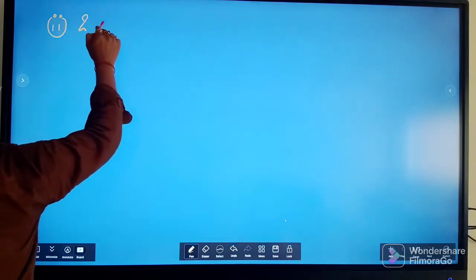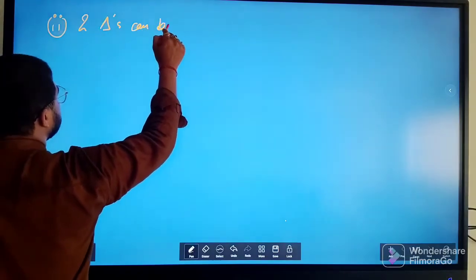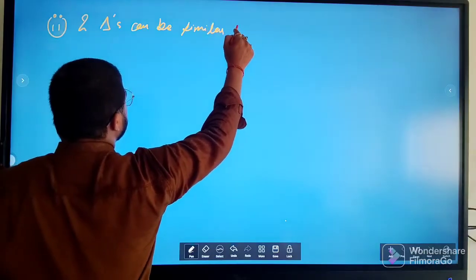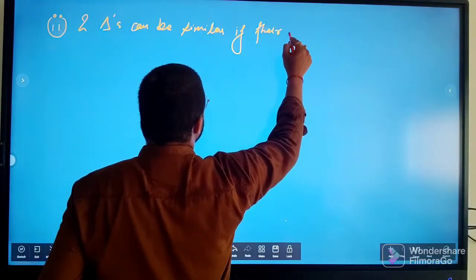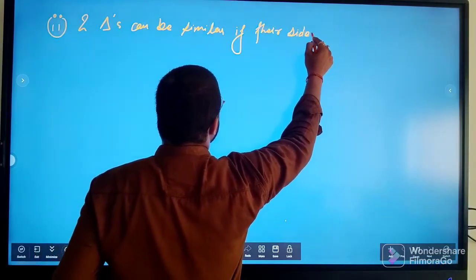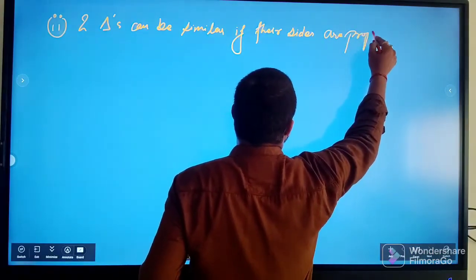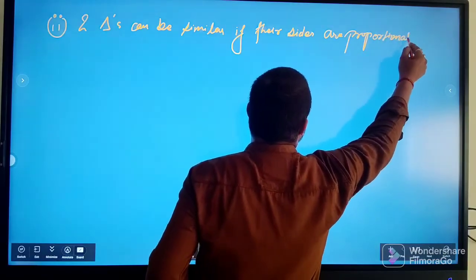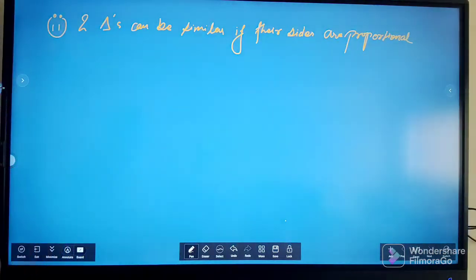Two triangles are similar if their sides are proportional.